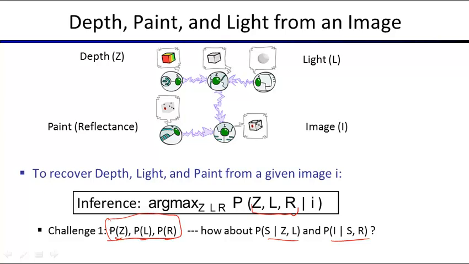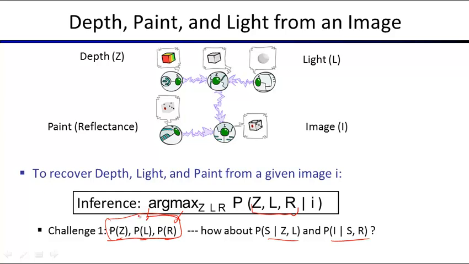Now, these ones here, we cannot build up from first principles. What's the distribution over depth when you know nothing else? Well, you need to collect a lot of data and somehow build a model over what is the prior for depth. Same for light. You need to build some model for what lighting conditions typically are like. And same for paint. You need to build some a priori model of what painting typically looks like.